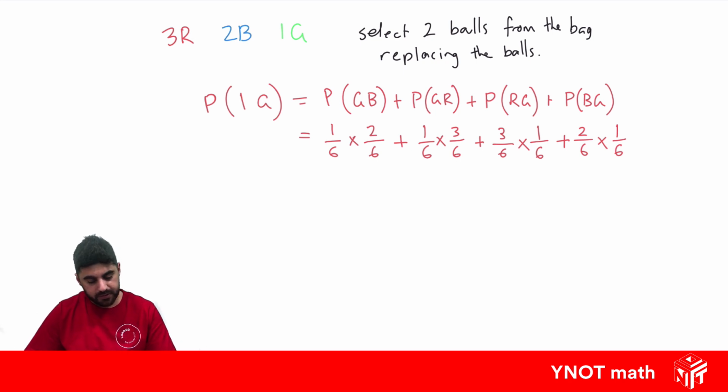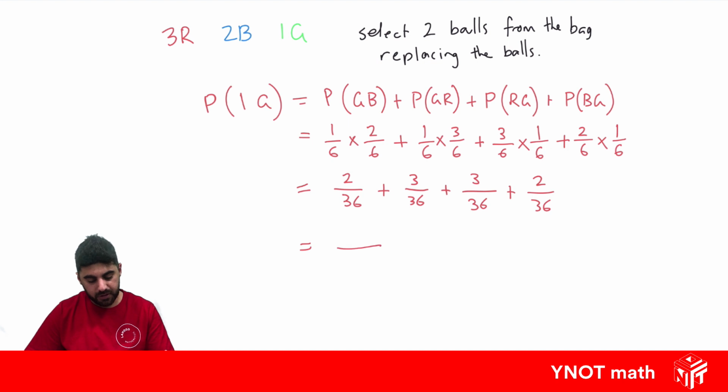Now we can do our multiplications here. So for our first one, 1 times 2 is 2, 6 times 6 is 36, plus 1 times 3 is 3, out of 6 times 6 is 36, plus 3 times 1 is 3, 6 times 6 is 36, 2 times 1 is 2, 6 times 6 is 36.